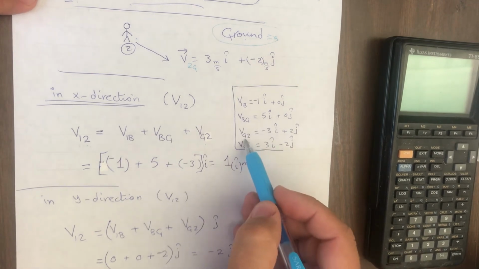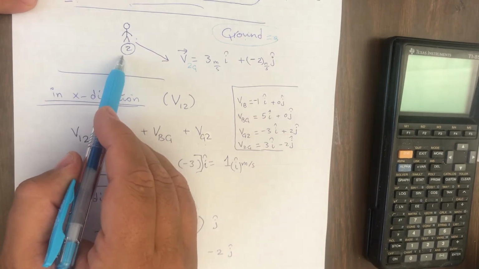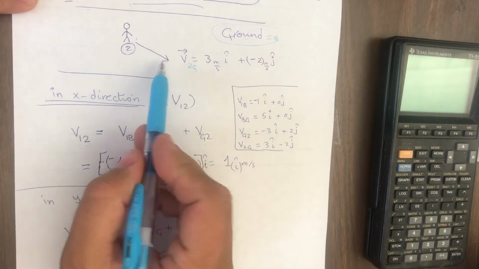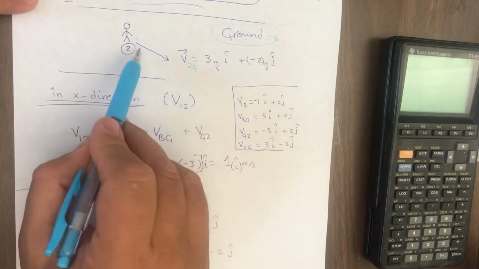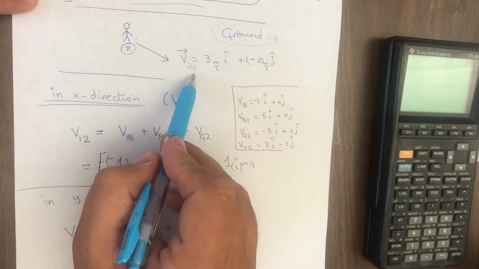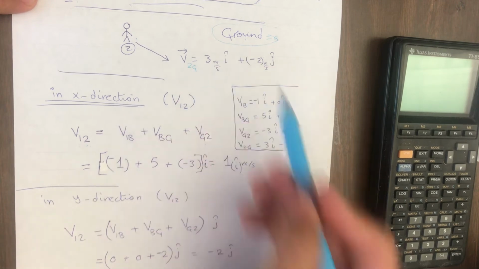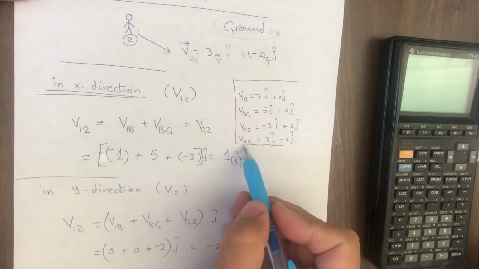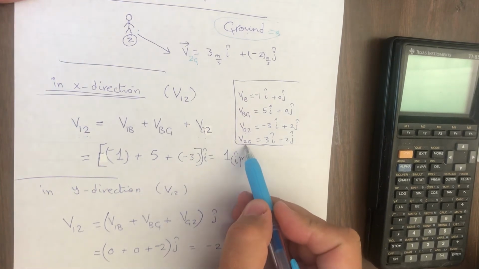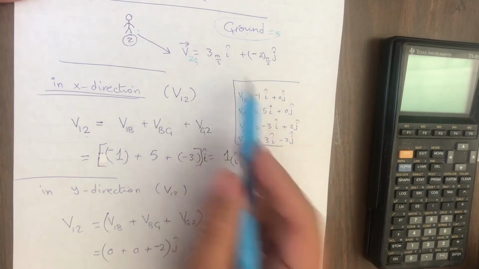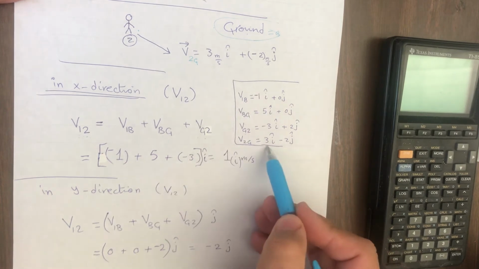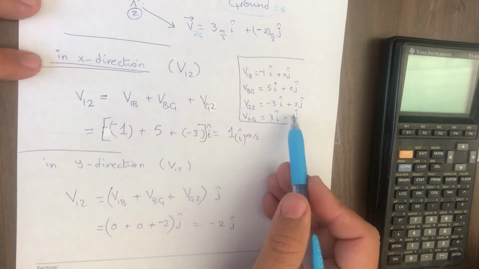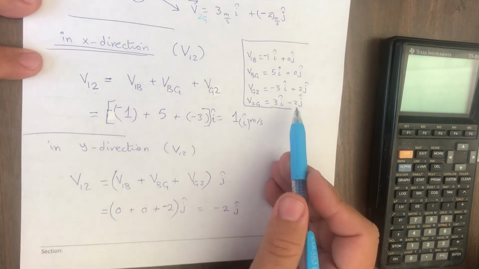And the velocity of the ground with respect to the second person is the negative of the velocity of the second person with respect to ground. So this is 3 minus 2, it will be minus 3 plus 2. This is the velocity of the second person with respect to the ground, which is the given one, 3i minus 2j. We need just to reverse it.